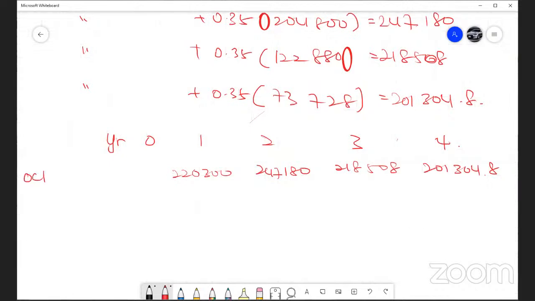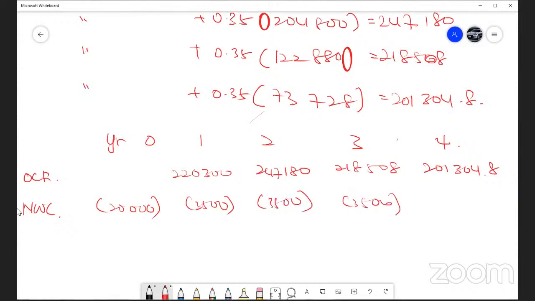This is your OCF. Net working capital, year 0 initial investment is $20,000. Then every year you need to pay 3,500.